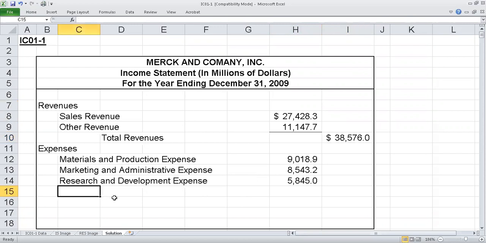And our final expense, the dreaded income tax expense, 2,267.6 in millions. Merck paid, or they had, we don't actually know how much they paid, but for the period they're allocating $2.2 billion of income tax expense.